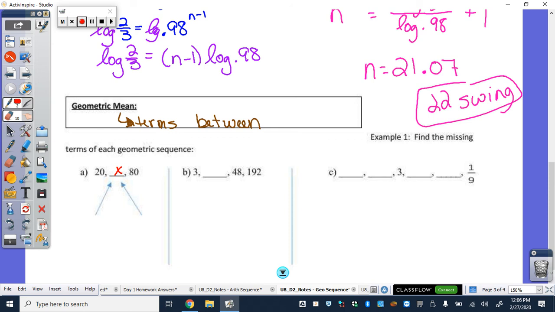So again, geometric is all about the ratios. So the second term over the first term has to be equal to the third term over the second. That's how we figure out our common ratios. So we set them equal to each other, and then we can cross multiply.